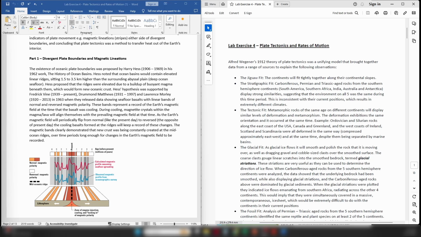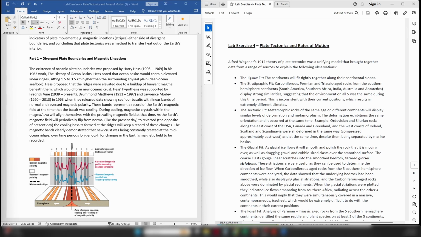And one of the things that happens with rocks, especially basalts, is that as they crystallize, the magnetite, which is one of the minerals within a basalt, will grow and it will orientate itself parallel to the magnetic field at that time.